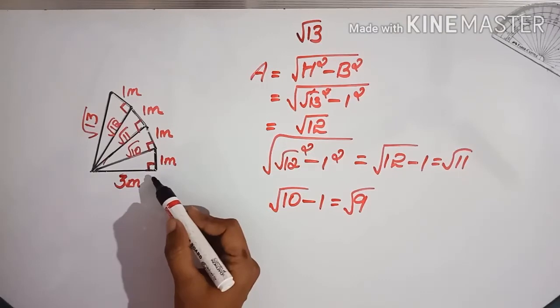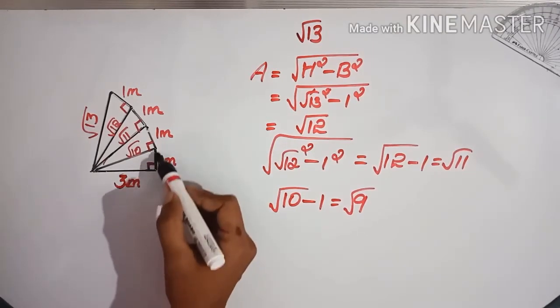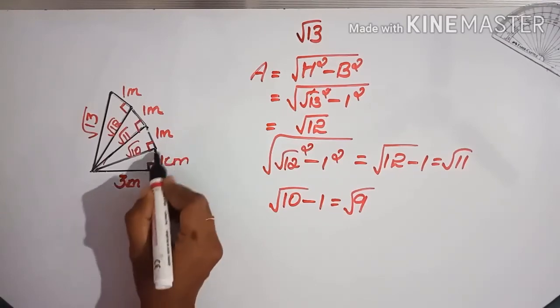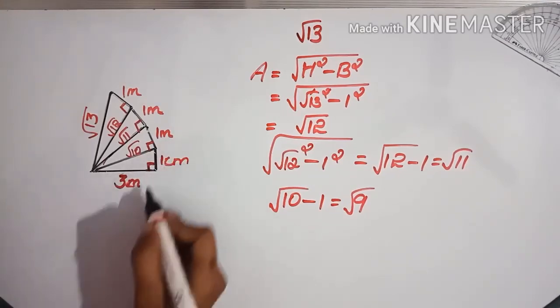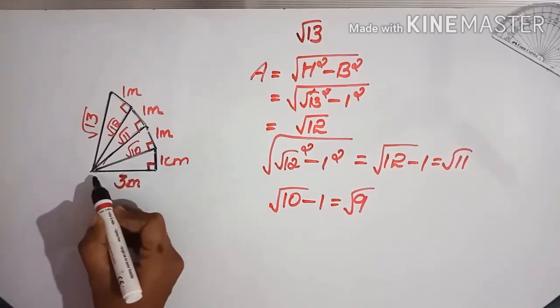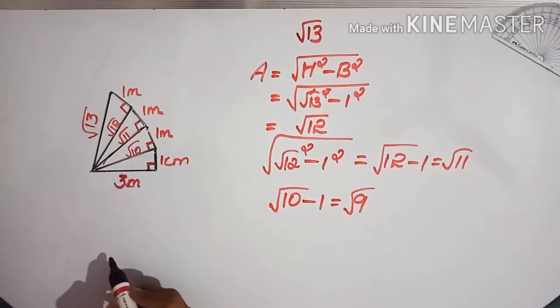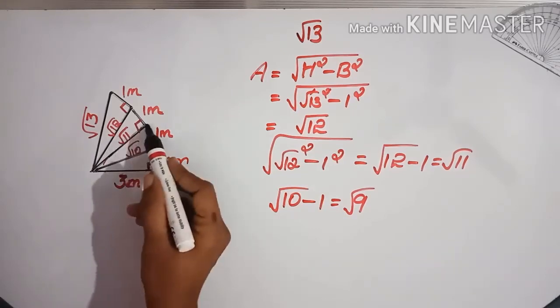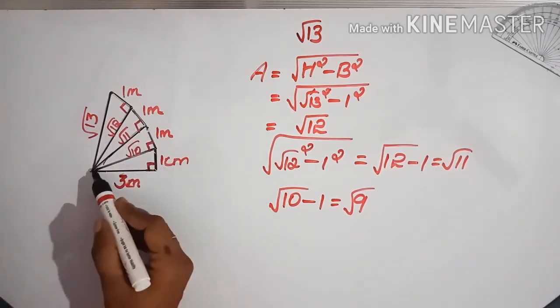So first draw a 3 centimeter line, then a 1 centimeter perpendicular 90 degree line, a 1 centimeter altitude. Then join the hypotenuse. That hypotenuse will be root 10. Now from that again measure 90 degree, draw 1 centimeter, then join the hypotenuse to the same point.